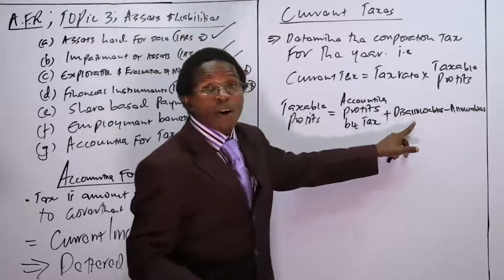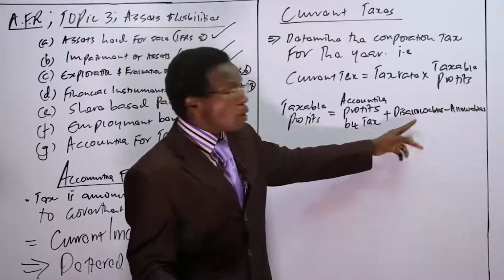An example of disallowables is depreciation.